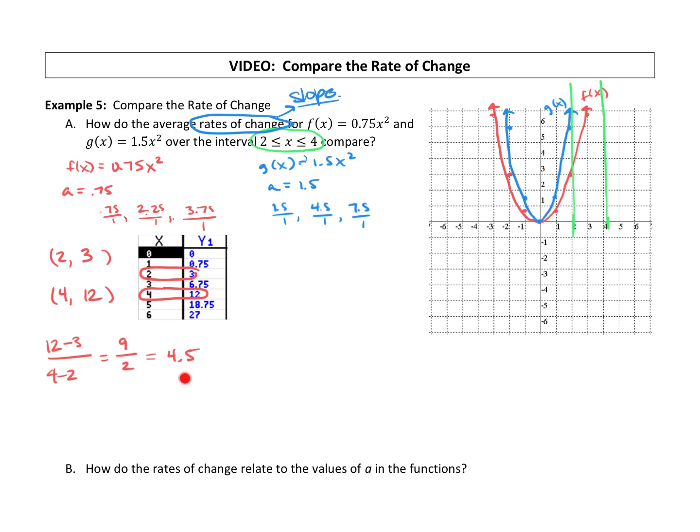You can think of that as 4.5 units for every unit we move to the right on the x-axis. It's increasing by 4.5 as we move over 1. That's just average. All right, so we want to do the same thing with our g of x function.